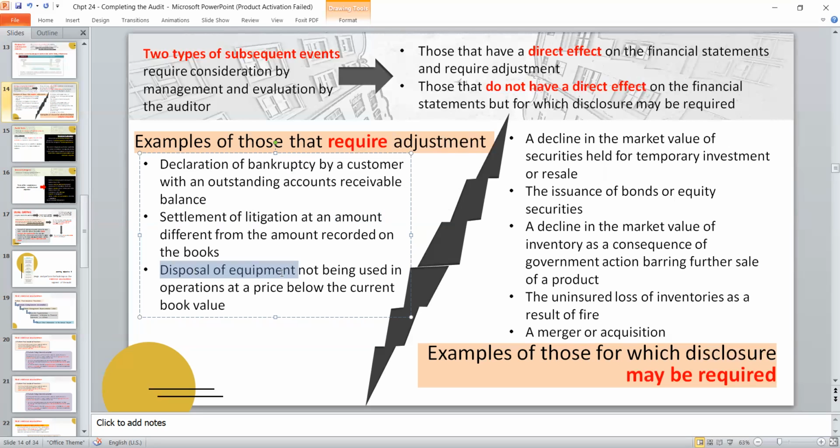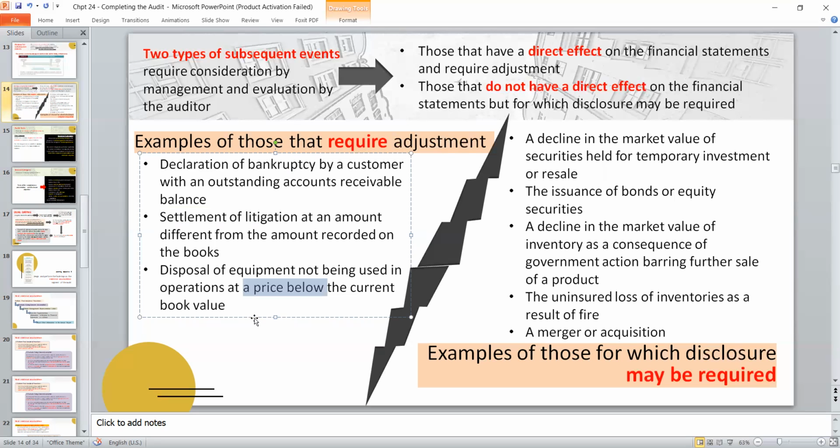And the disposal of equipment not being used in operation, or a price below the current book value. So maybe in the future your equipment or your inventory has an impairment, because the market price is below your current book value.